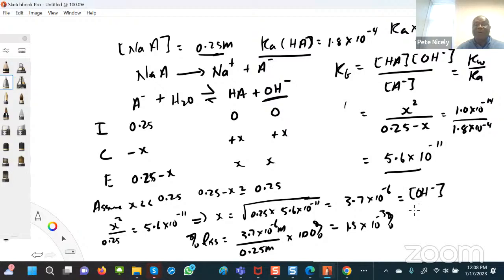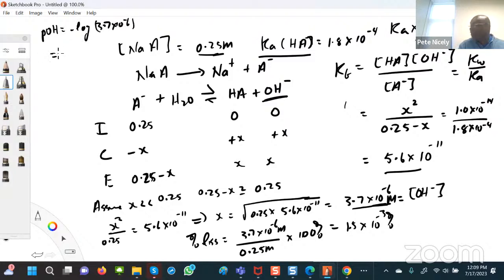So you all know what we're going to do next, right? What's the next step? Since we know the concentration of OH minus, what's the next step? pOH. Okay, so we find the pOH, which is equal to minus log of 3.7 times 10 to the minus 6.